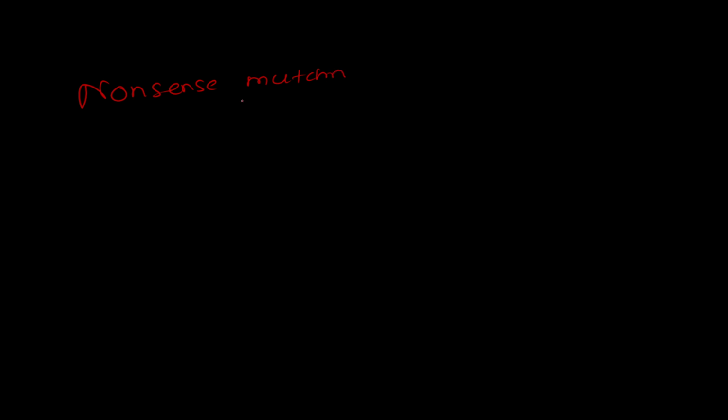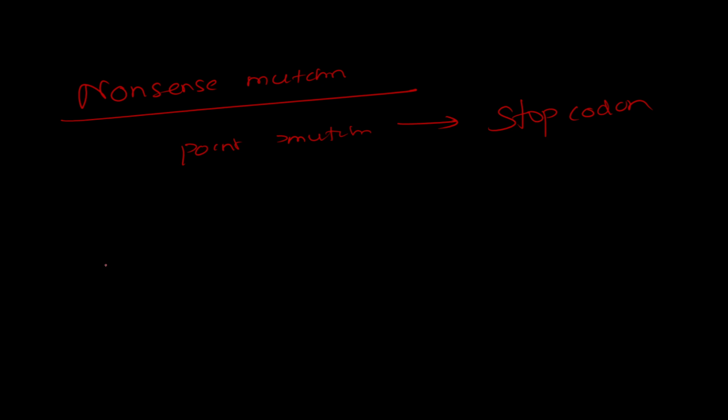A point mutation has happened where the codon now codes for a stop codon. For example, let's say the fifth codon has undergone mutation where it now codes for a stop codon.